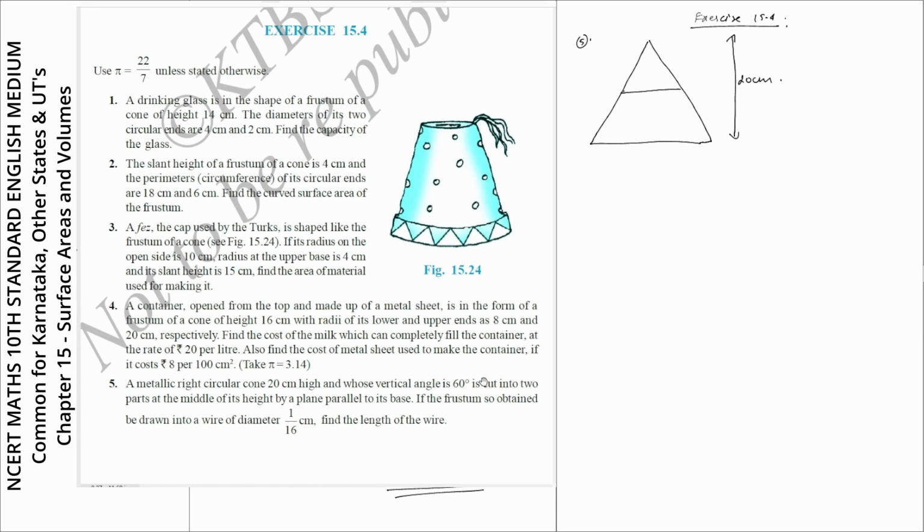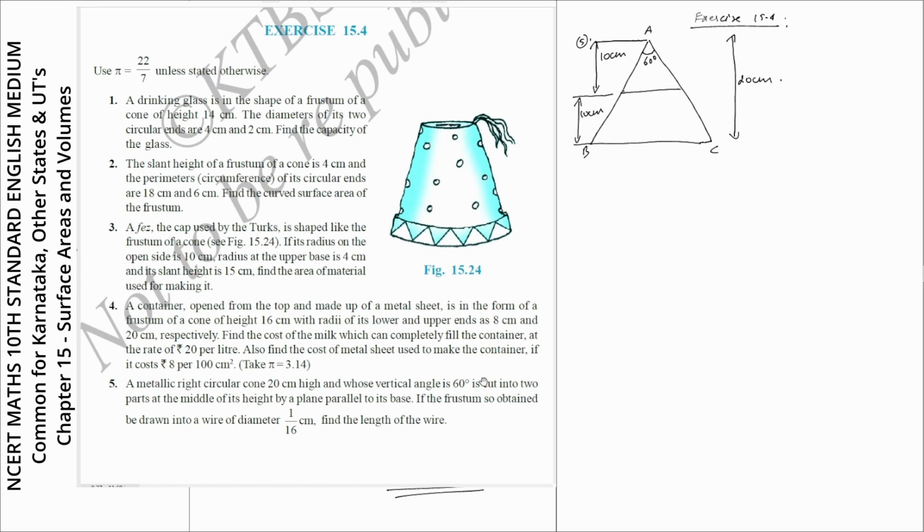So that means the height of the frustum will be 10 centimeter and the height of the shorter cone so obtained will be equal to 10 centimeter. In this way it is cut. I will name the cone as ABC. This is a two-dimensional diagram, and it is given that the vertical angle is 60 degree, that is, angle A is 60 degree.